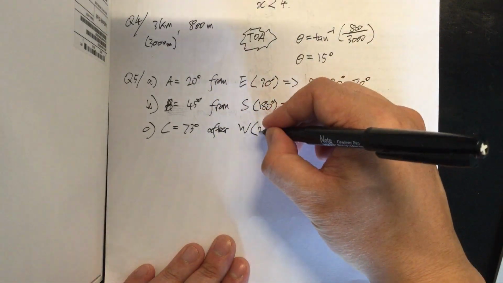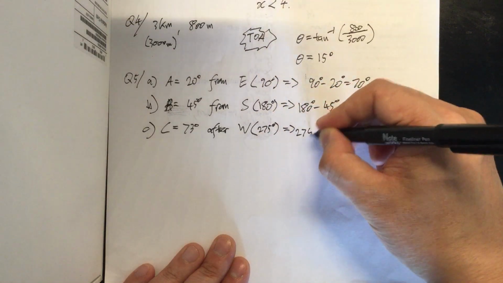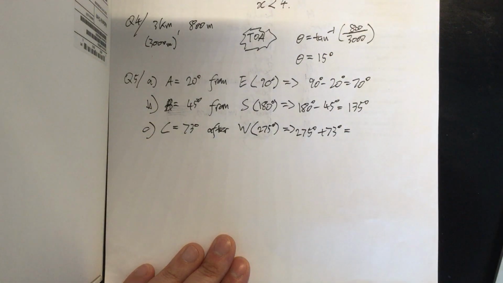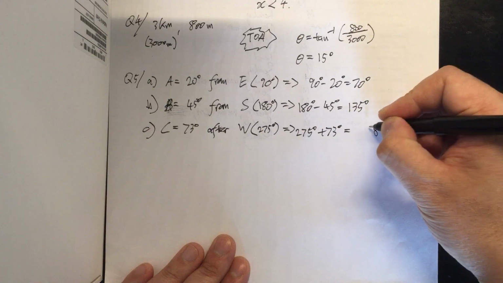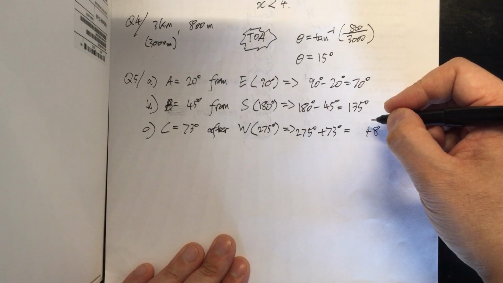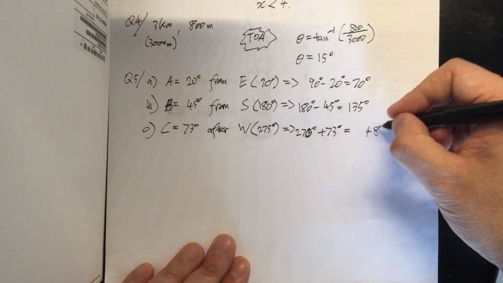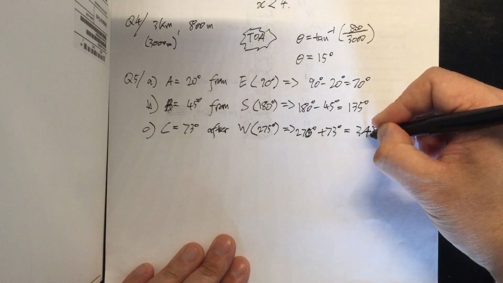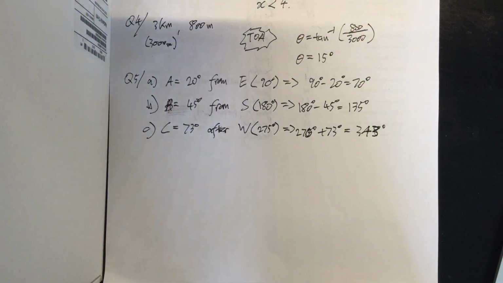If you're going towards the left, it's 270 degrees. So this implies 270 plus 73. 3 plus 0 is 3, so that's 343. The same name as a game company, Studio 343.